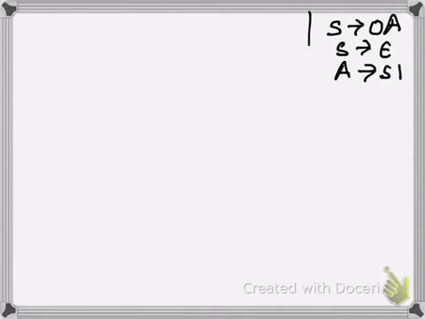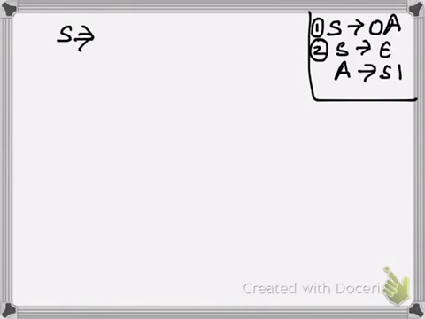These are my production rules. I will start with the start symbol S, since I always have to start any derivation from the start symbol. When I start with S, I can either pick the first production rule, 1, or I can pick 2. I have an option. Let's say I pick 2.